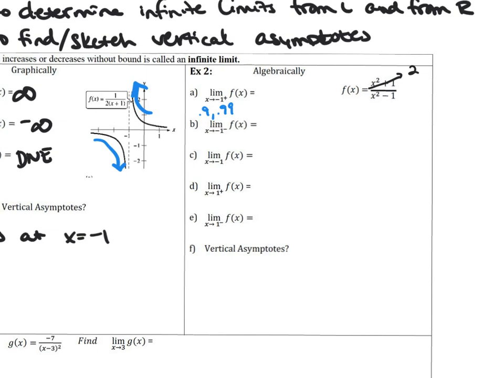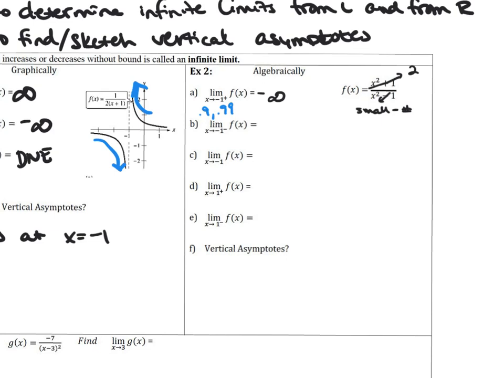But our denominator, when we square 0.9 or 0.99, those values are close to 1, but less than 1. And then if we subtract the 1 here, we're approaching a small negative number. Well, 2 divided by a small negative number becomes a really, really big negative number, also known as negative infinity.